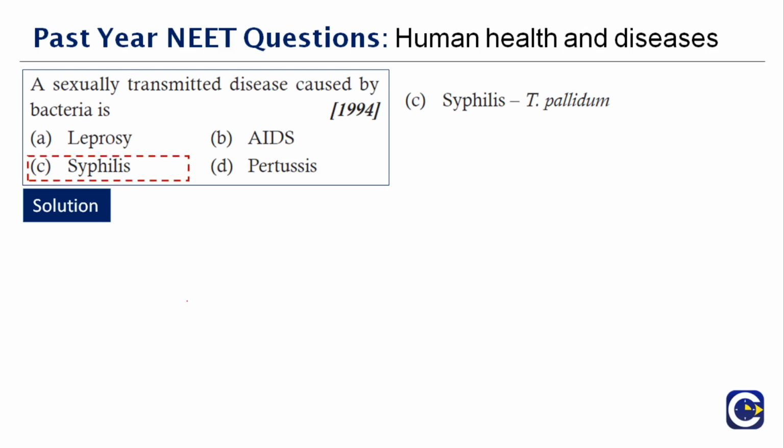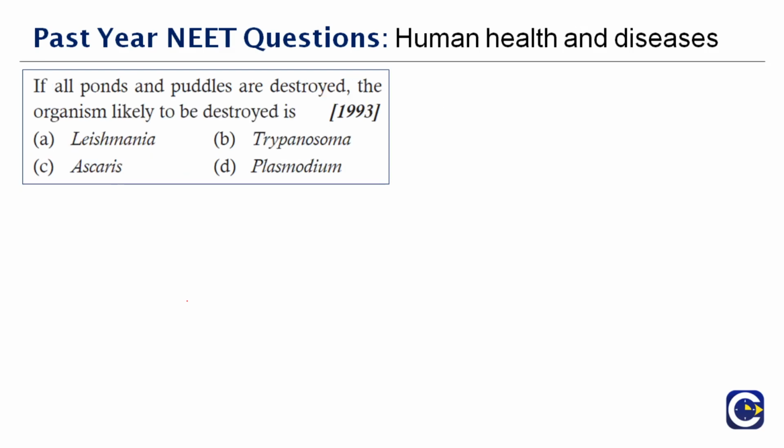Next question here. If all ponds and puddles are destroyed, the organism likely to be destroyed is dash. You have 4 options here. Leishmania, Trypanosoma, Ascaris. All these 3 are not vector-borne diseases, and they are found within the host.